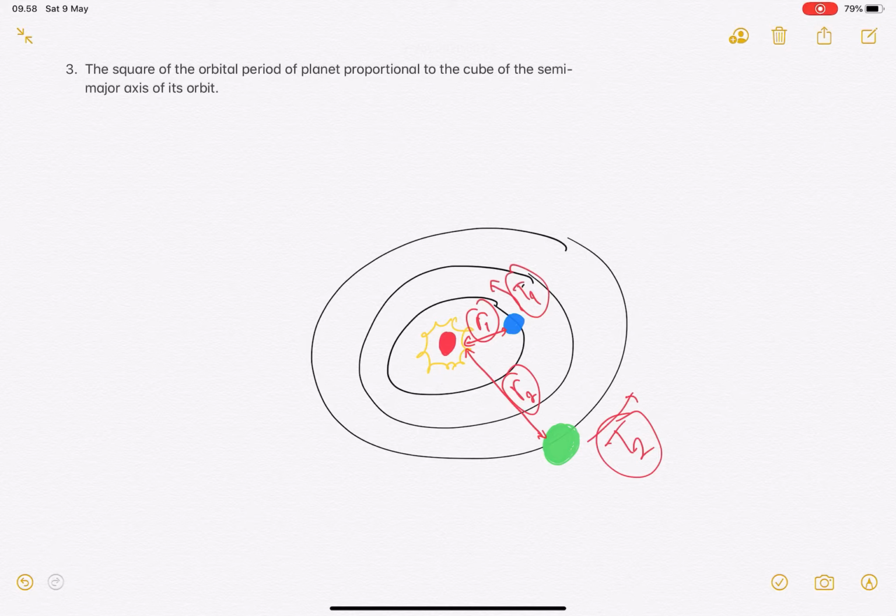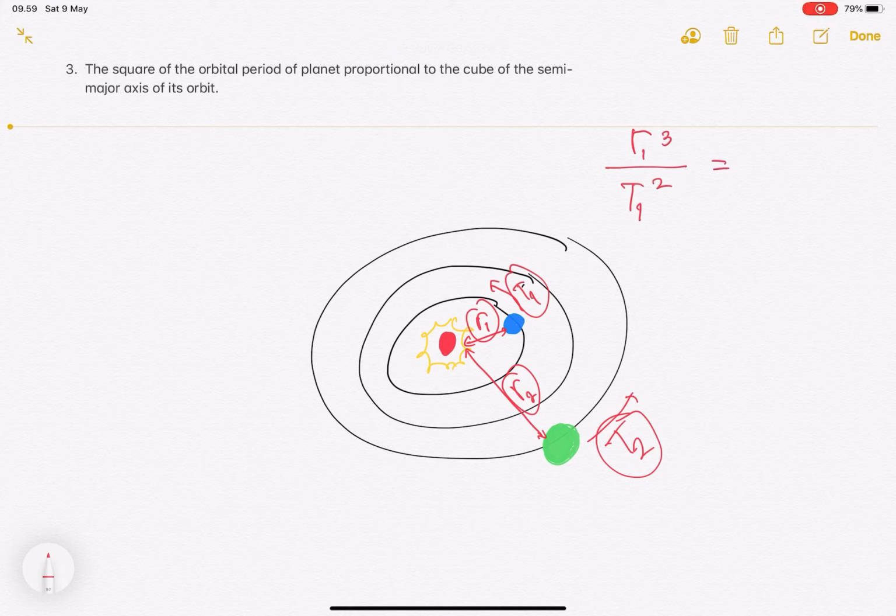He said if we have the radius of the first one and we cube it, and we divide it by the period of the first one squared, that value is the same if we do this for another planet, object or satellite in this orbit.